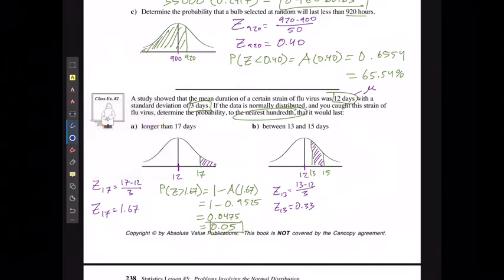The z-score at 15 is going to be 15 minus 12 divided by 3, which means I have a z-score of 1.00 if I'm going to the nearest hundredth.